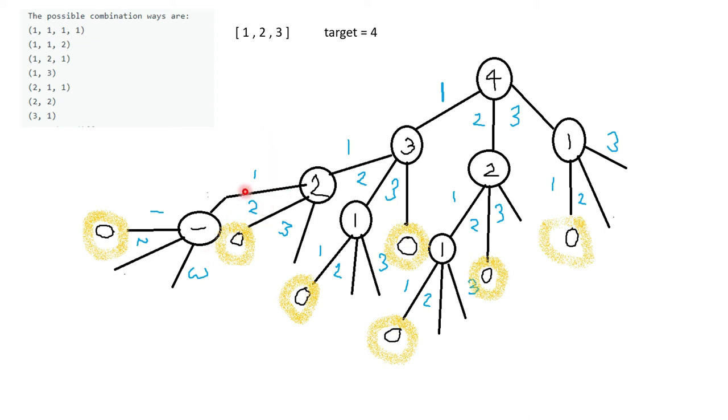One is 1 plus 1, another one is 2 itself. If you now look here, at some moment the target was 2 here also, and we were using all the numbers 1, 2, 3, and 2 combinations were there too, correct?